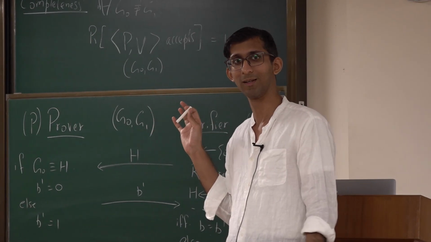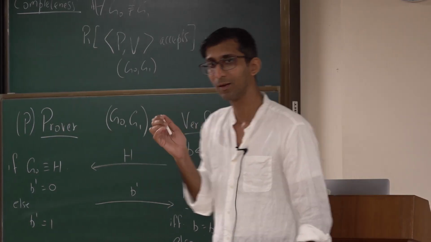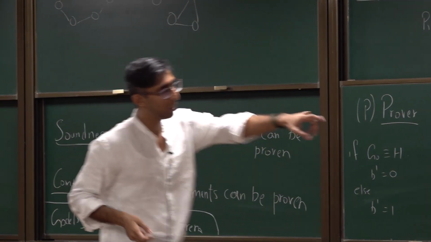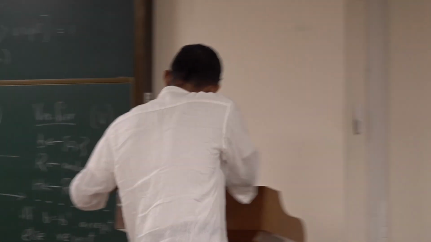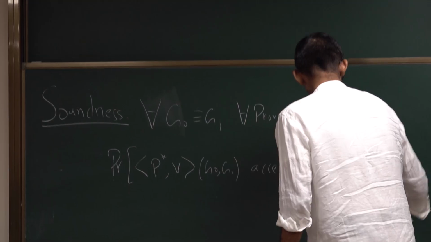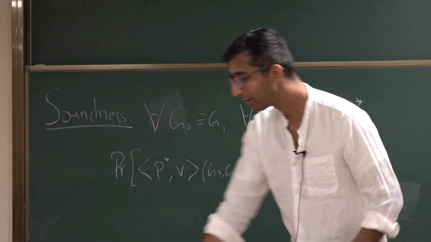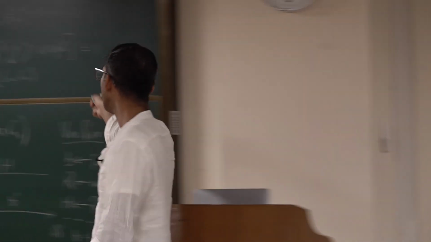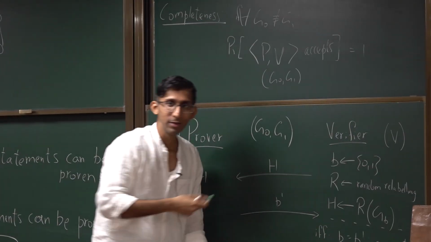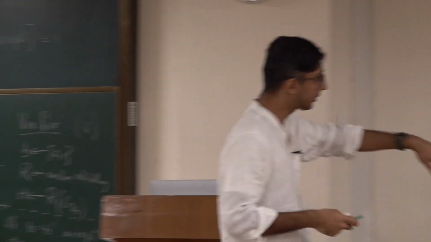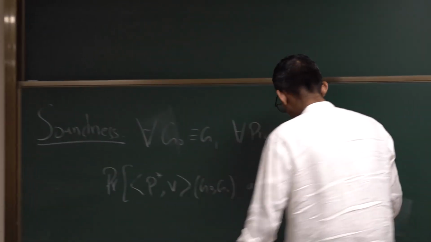Anything that's not clear so far? Right. So in this case, what can I actually put here? In this particular protocol, what do we actually have? If I run this protocol once, the probability is in fact 1, right? But if the graphs are isomorphic, what is the probability that this protocol will accept?